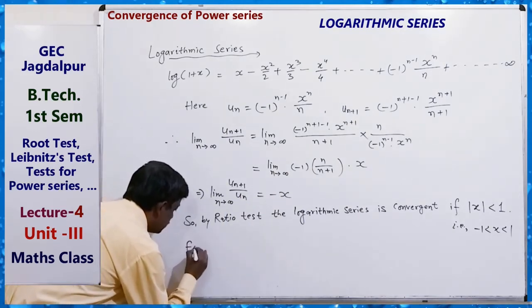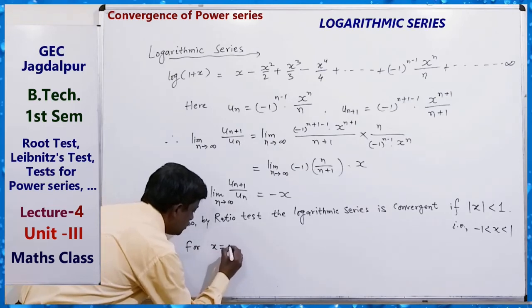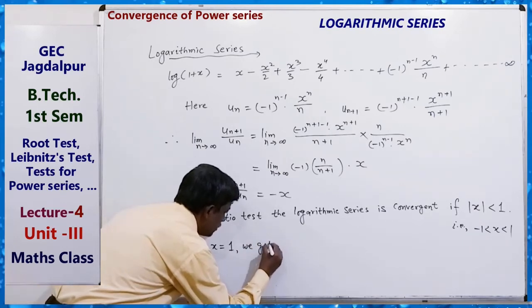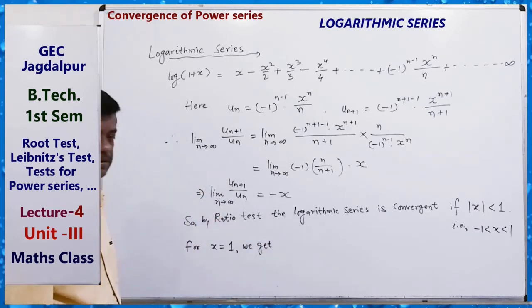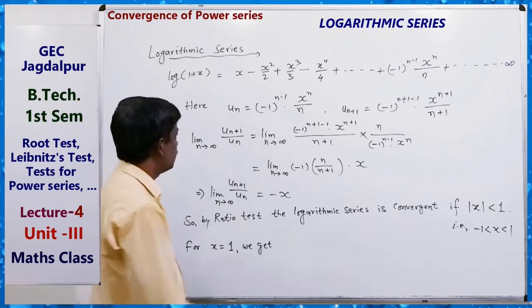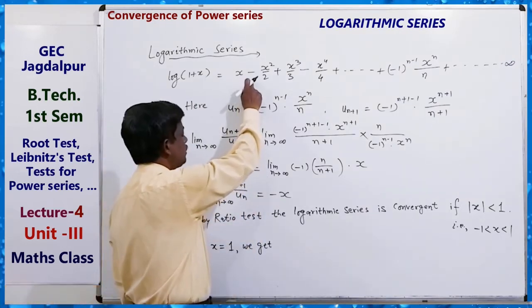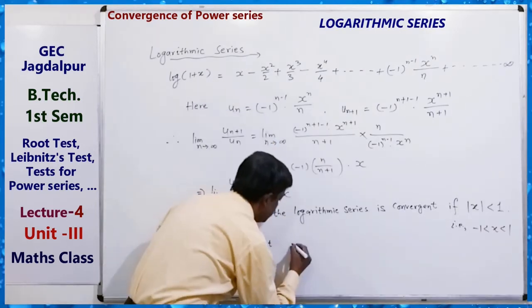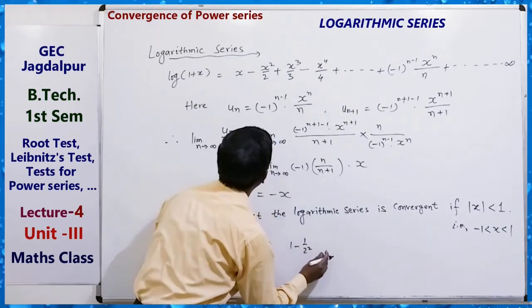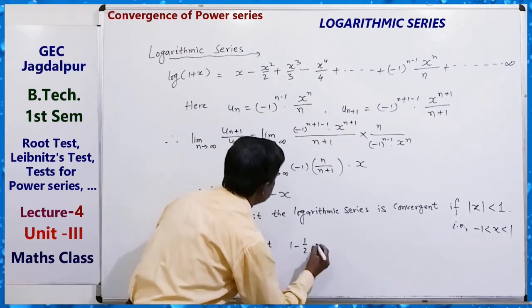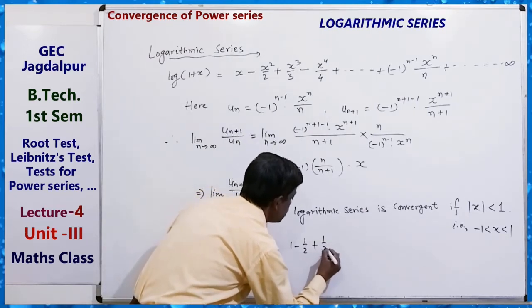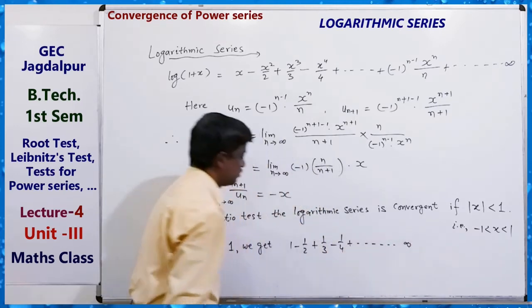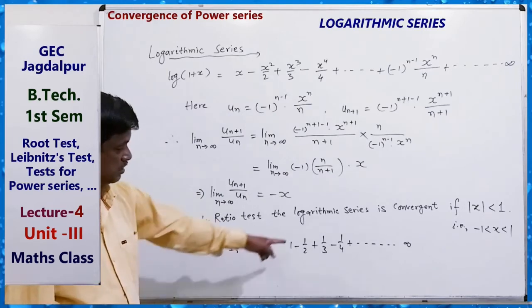For x equal to plus 1, we get the series: 1 minus 1 by 2 plus 1 by 3 minus 1 by 4 plus and so on. So this is what?